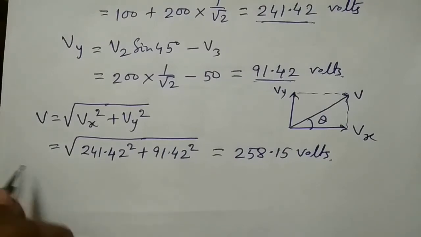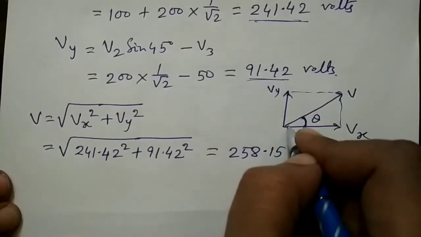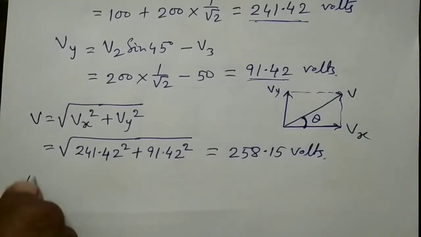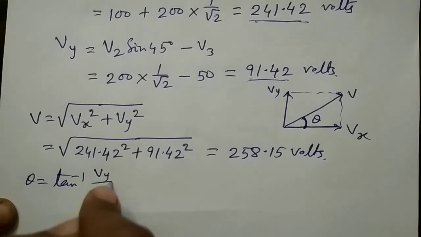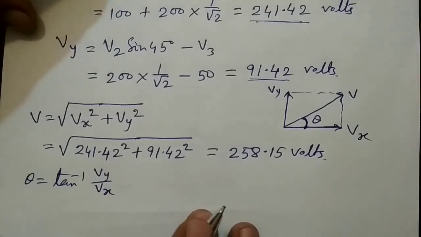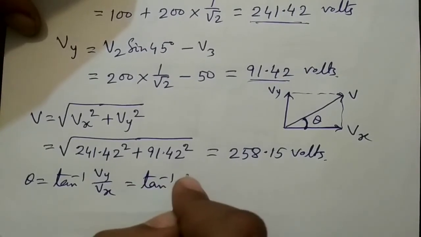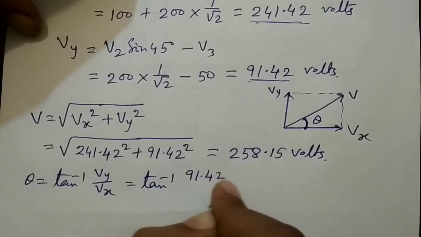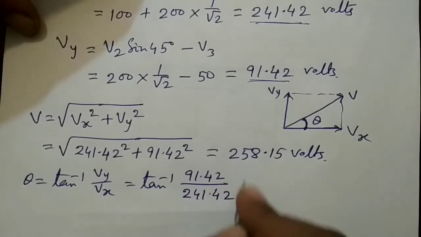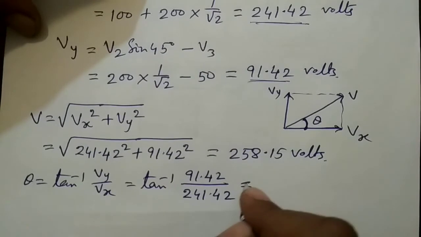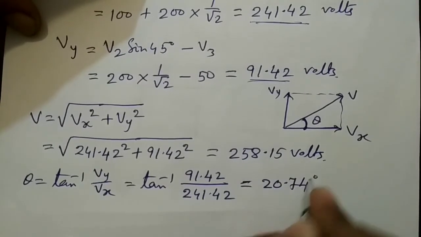Along with this, the angle of the resultant voltage, that is theta, which it makes with the reference line, will be equal to tan inverse Vy upon Vx. So it will be tan inverse of Vy, which is 91.42, and Vx, which is 241.42. So finally the angle will be 20.74 degree.